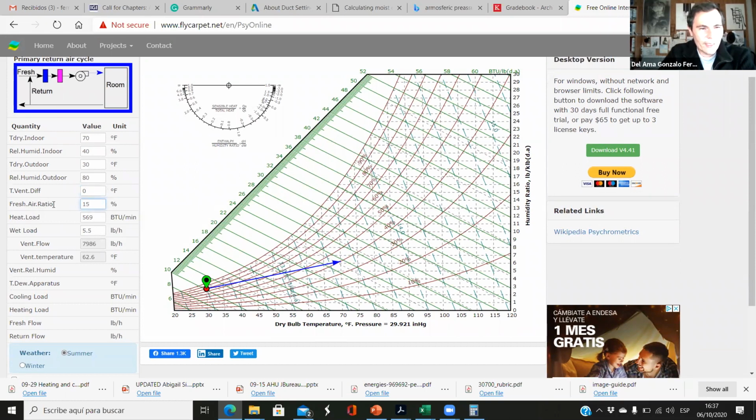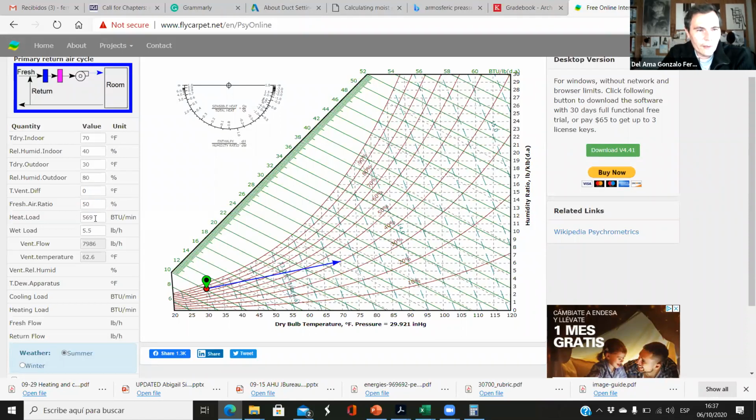Here the fresh air ratio. Here we have the 15%, means that we are using only 15%. I told you that everything has to be above 50. So if we have a good heat recovery, it has to be above 50. So we can use here 50, okay?